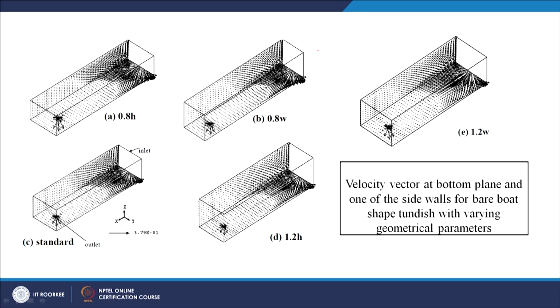You can have the analysis of the velocity vectors when you decrease or increase the height, or have the decreased width or increased width cases. You can get a primary feel of how the velocity vectors are changing, because if the width is smaller it becomes more dense here, and if the height is smaller it becomes more dense here, as compared to the standard or the increased dimensions.